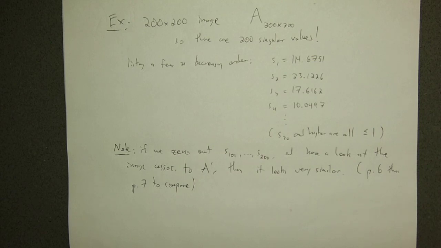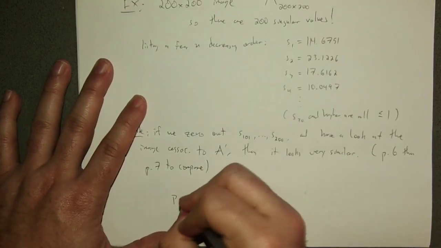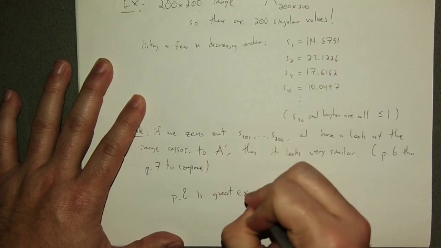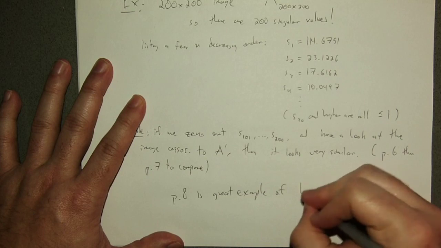Okay, and so then he repeats this where he's preserved all 200 of the singular values, 100, 50, 20, 10, 5, and 1. Okay, so look at page 8. Page 8 is a great example of how this all works.